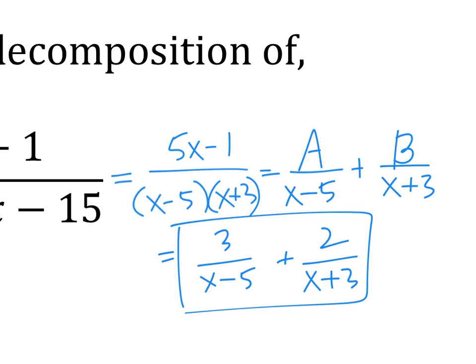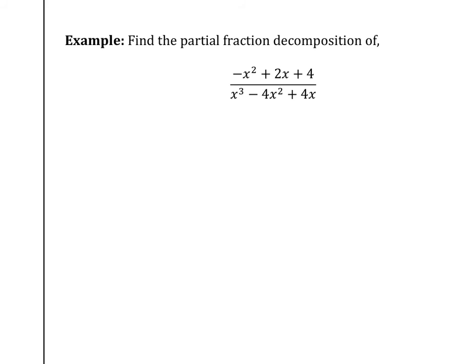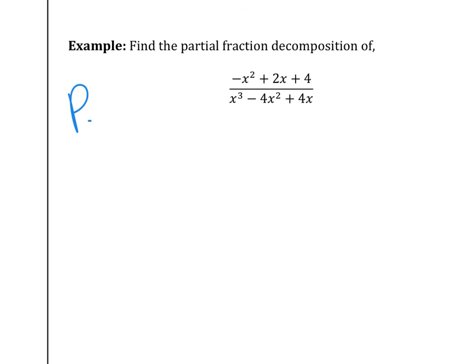All right, this is all nice and easy, except I'm going to tell you there's another rule. Let's try this one. This is on page 14. Factor first, and then write out what you think is the partial fraction, just the coefficient part.